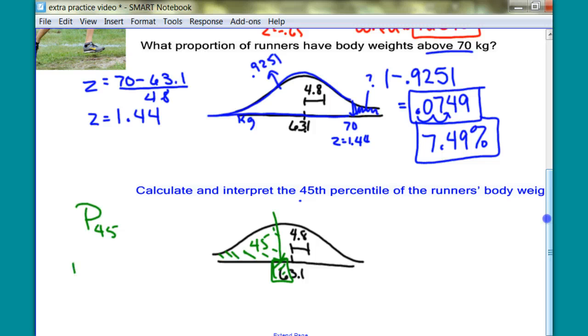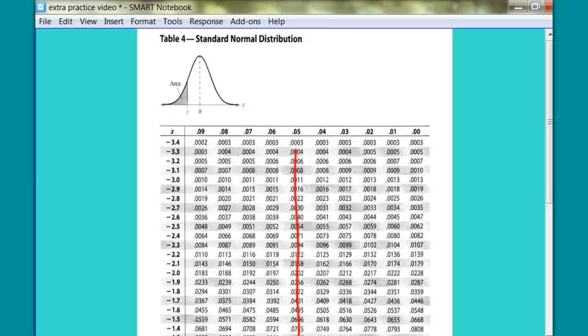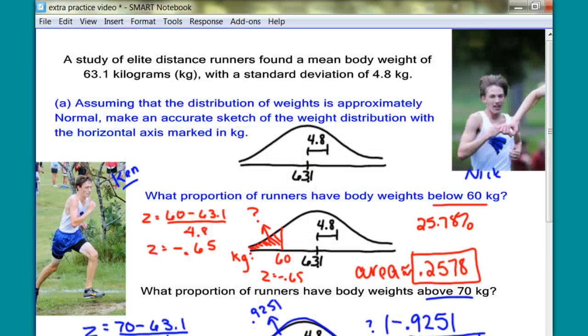That's one where we can use inverse norm on our calculator. We can put 0.45, put the mean, put the standard deviation, and you can get it that way. Or if you prefer, you can grab your z-chart, look in the body of the chart, these are areas, for a 0.45, and work the z-score backwards.